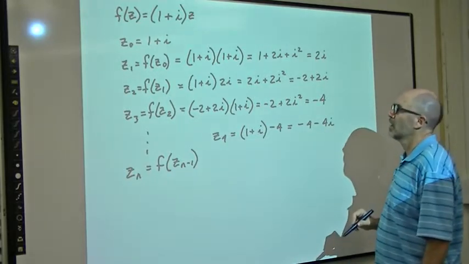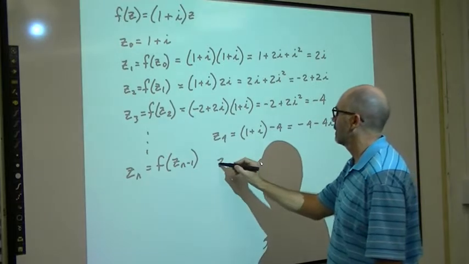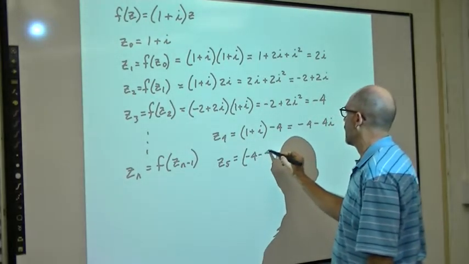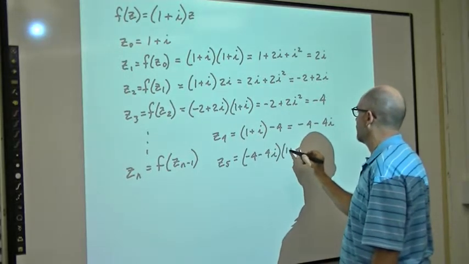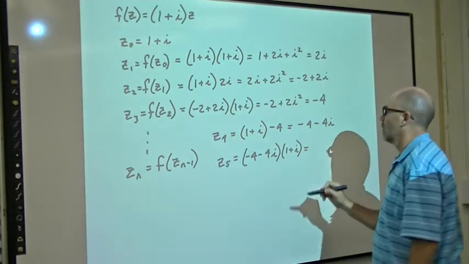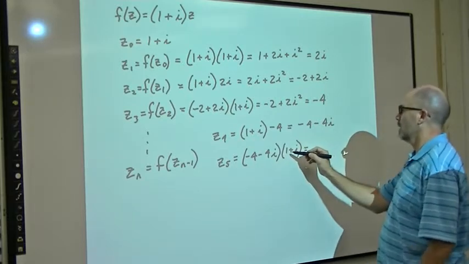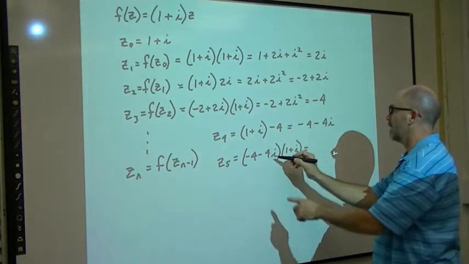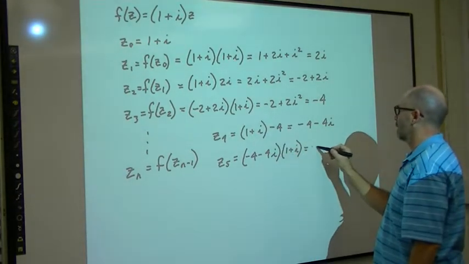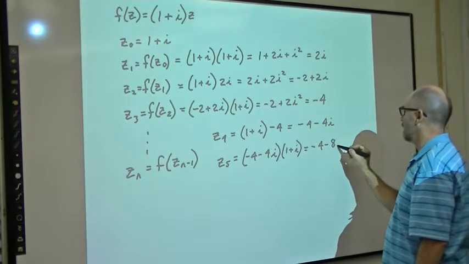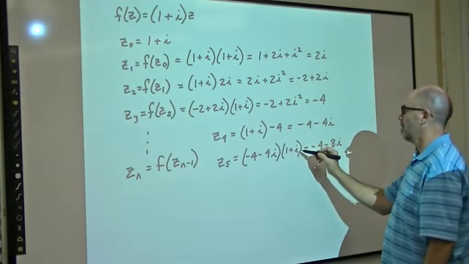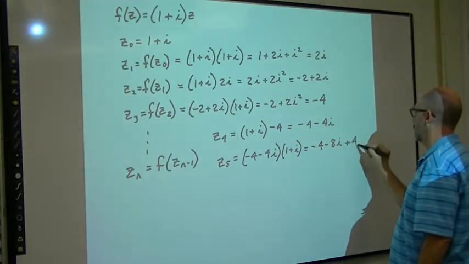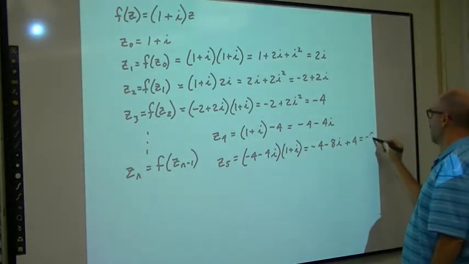And then z sub 5 is going to equal negative 4 minus 4i times 1 plus i, which is going to equal negative 4 minus 4i minus another 4i is negative 4 minus 8i minus 4i squared, which is going to be plus 4, which is going to equal negative 8i.